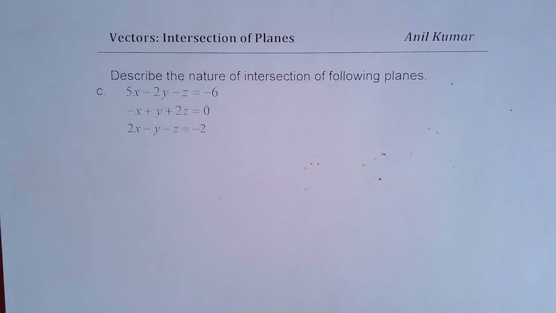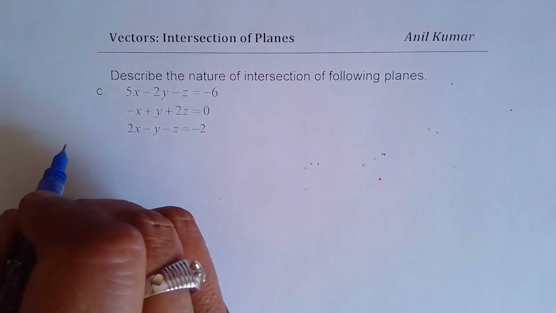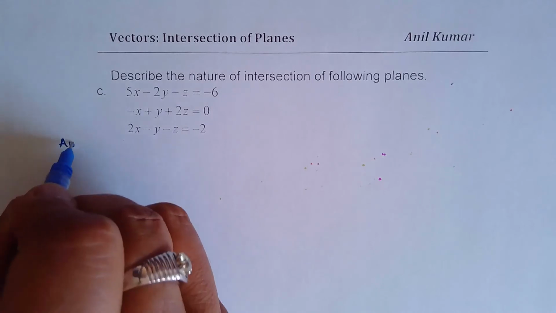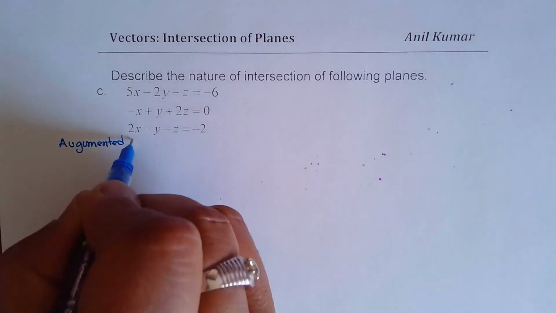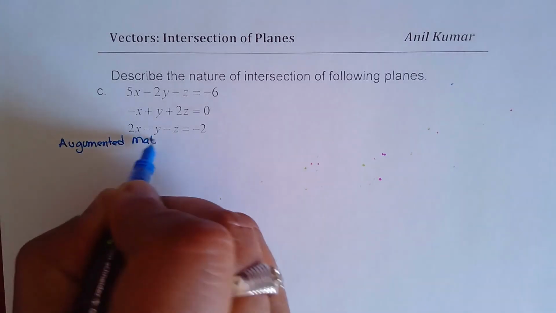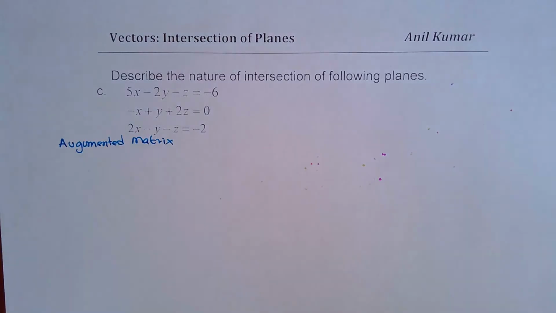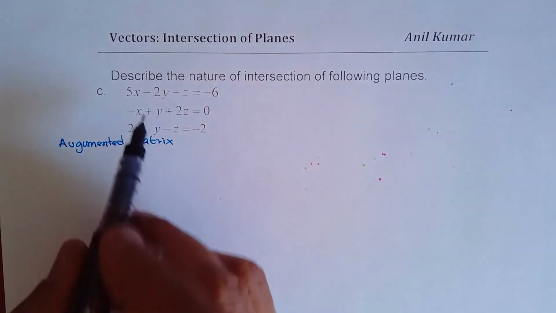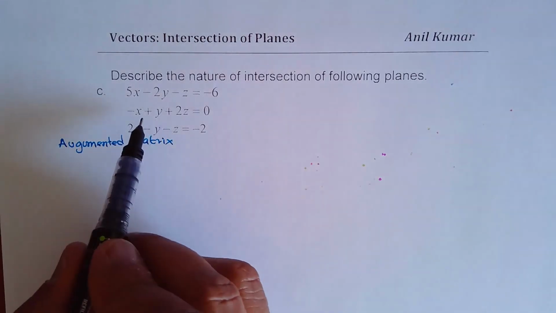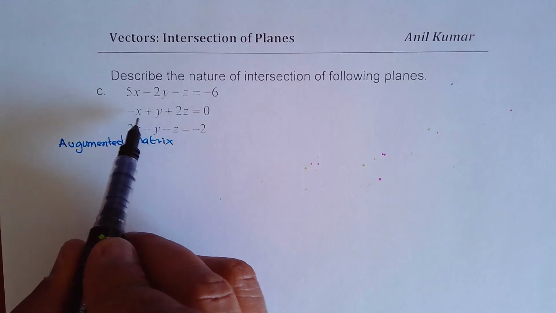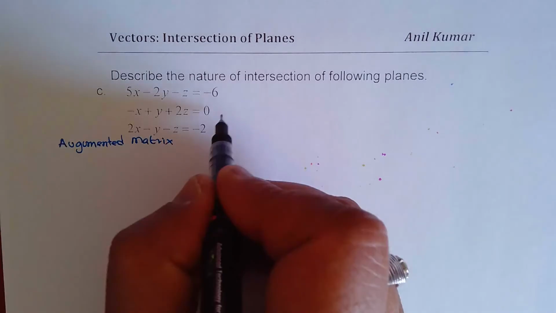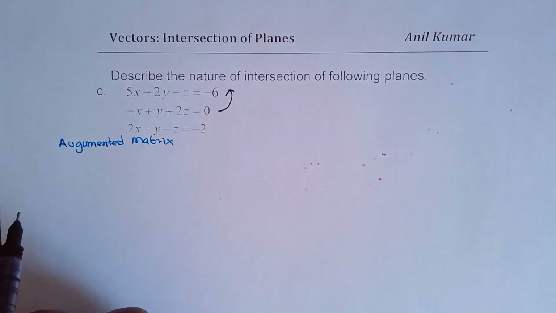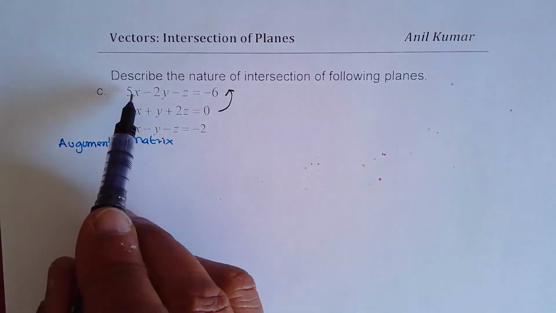The first step here is to write the augmented matrix. We would prefer to keep the equation with the simplest coefficients first. So we'll rearrange. I'll move this equation to the top and bring the first equation to the end.